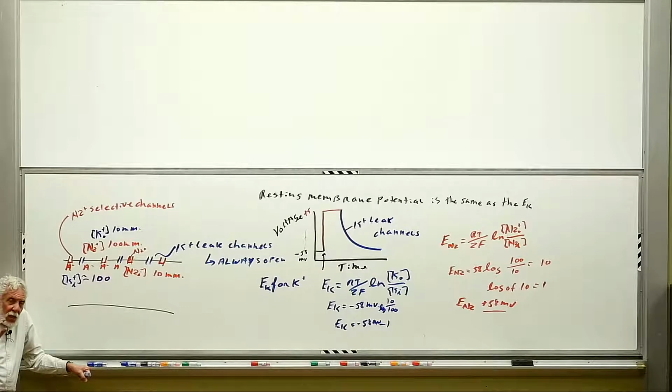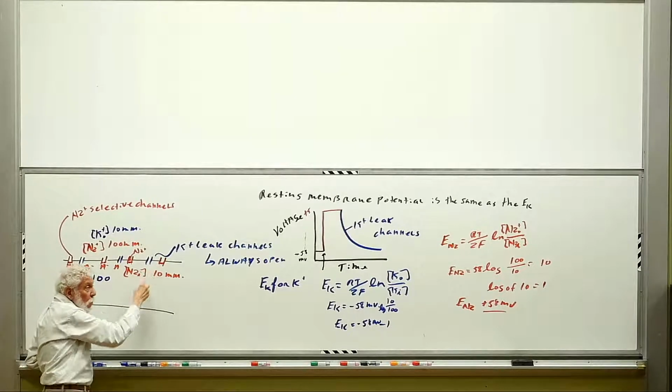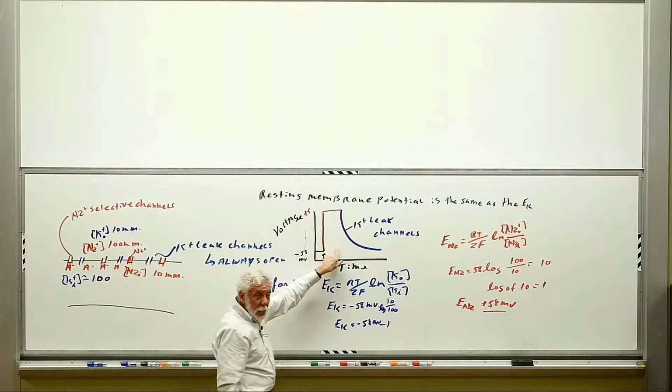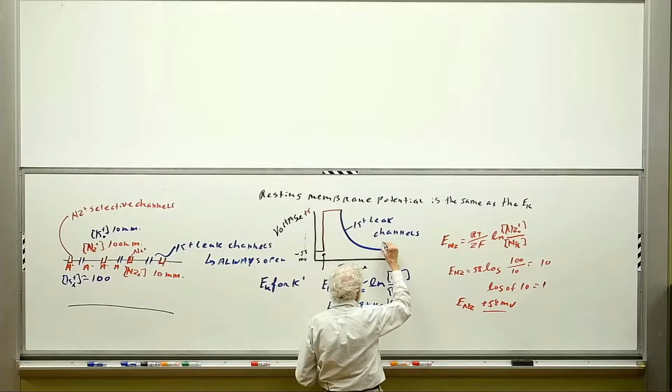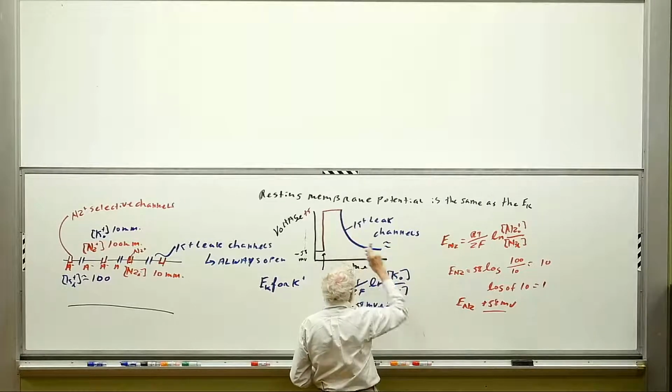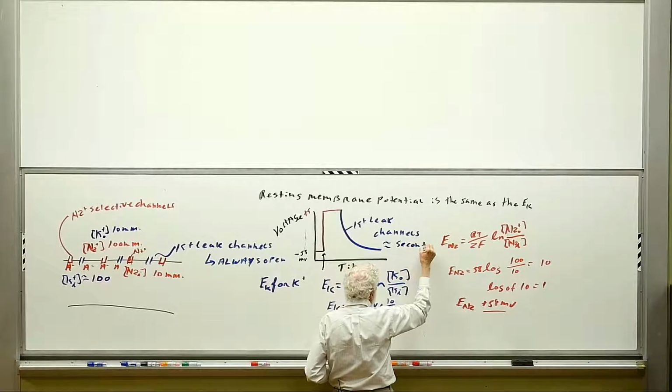But what you have to recognize here is we just don't have very many of these leak channels. In fact, I should say that the rate at which this would happen to get back down to the resting state would probably take seconds to minutes.